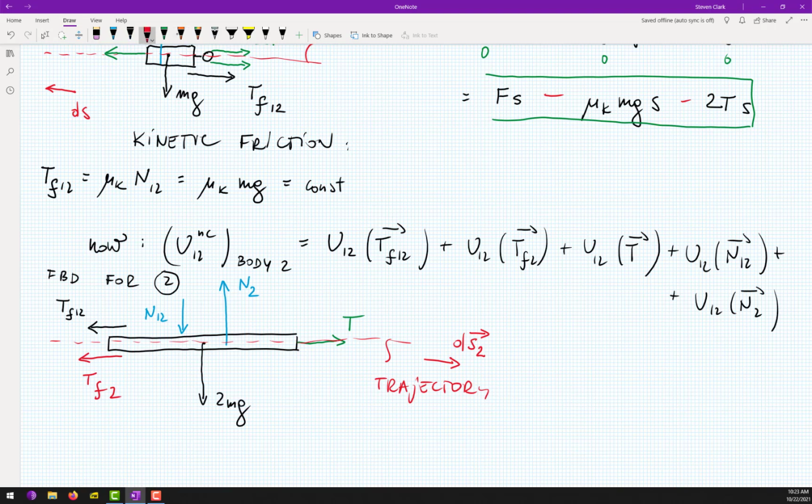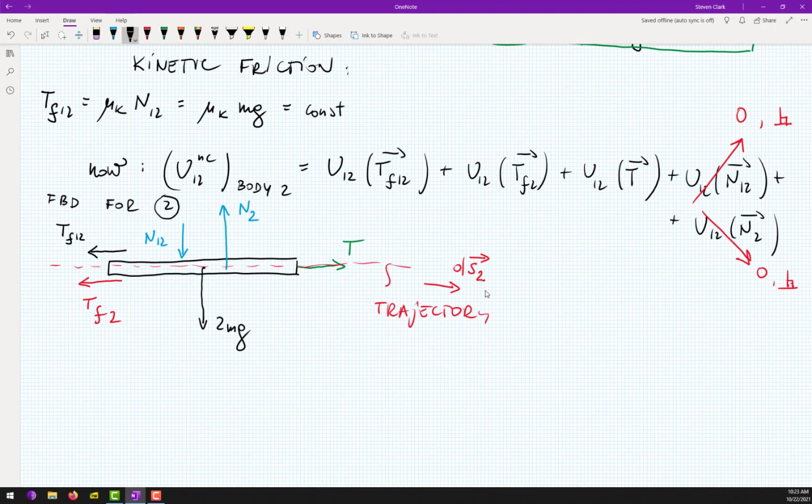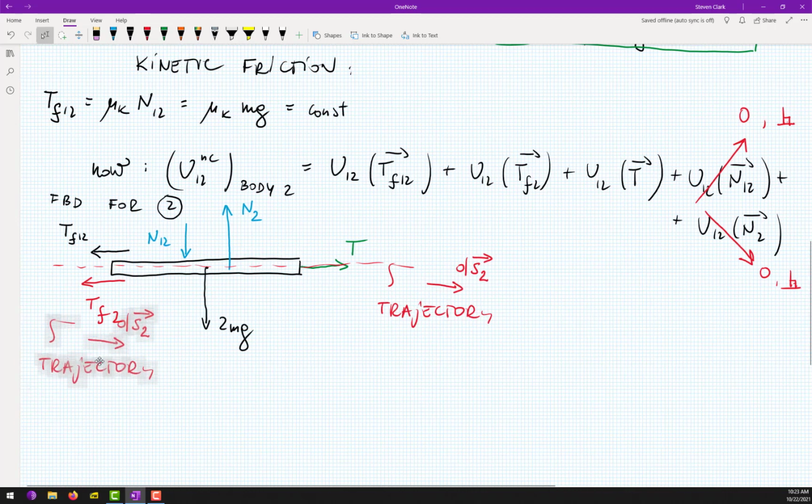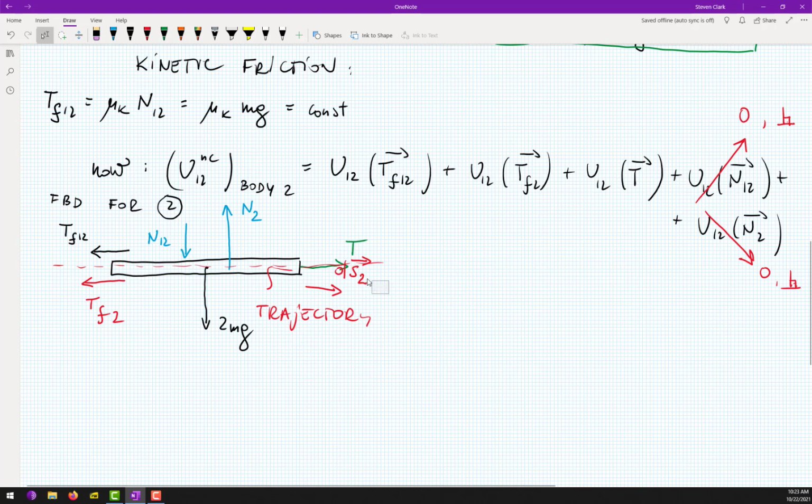The 2 last things we know are equal to 0, because of the perpendicularity. Great, so not 5 integrals, but only 3. Let's do them anyway.